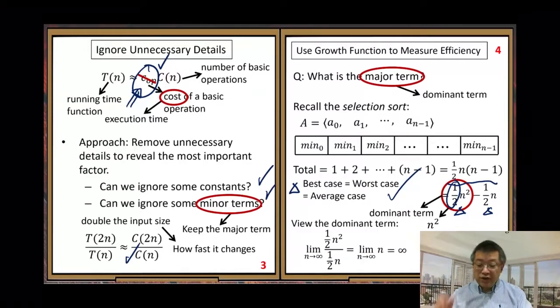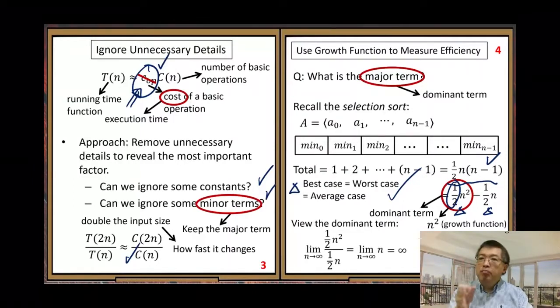So this n squared, we call the growth function of this efficiency function. The growth function of this efficiency function is only n squared. We do not need to include the 1/2 constant because its importance is not that big.